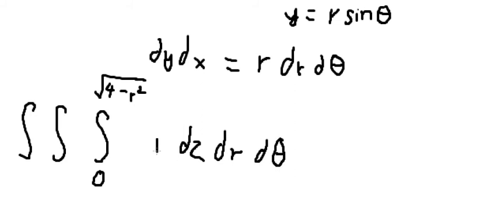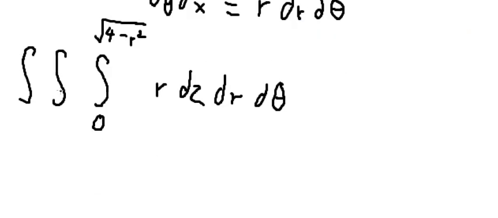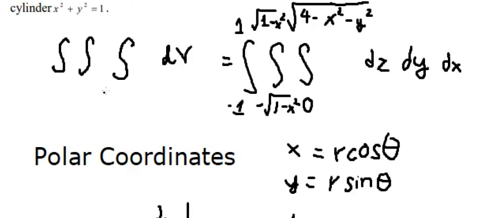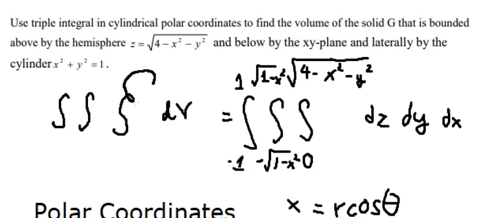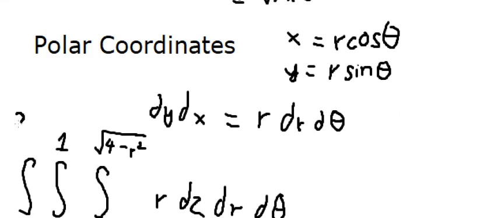And we have r in here. We know that the radius of the circle is 1, so we put from 0 to 1, and they go about one circle, so we got from 0 to 2π.